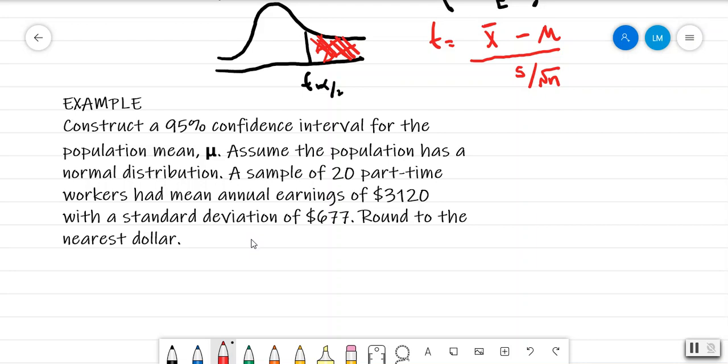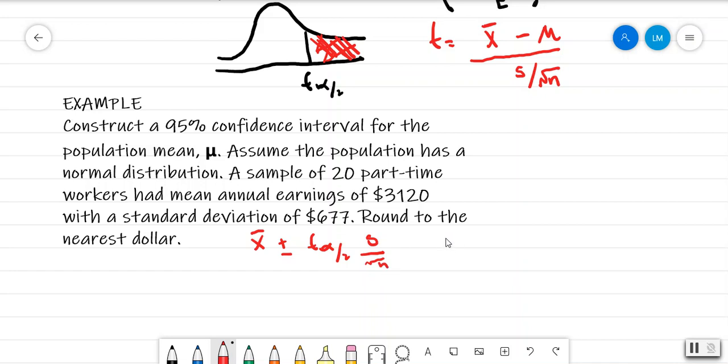We're looking for x bar plus or minus the critical point t alpha divided by 2 multiplied by the standard deviation, all divided by the square root of n.